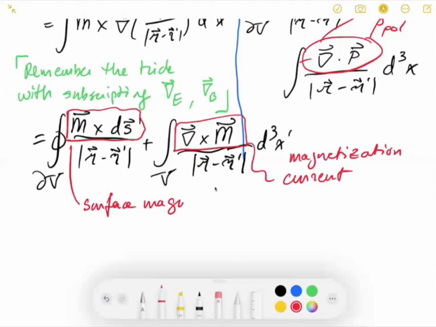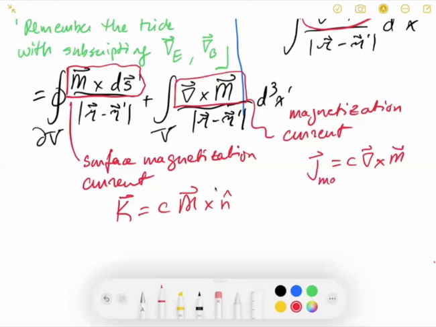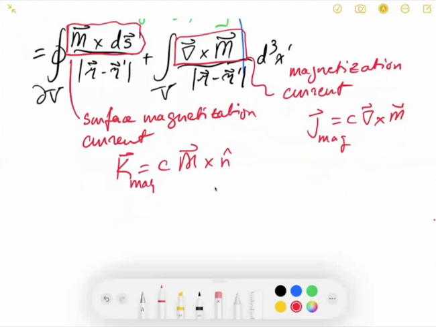Okay, so that's the way that we can quantify them, and the surface magnetization current we call K, which is evaluated at the surface, and this one is for the bulk, and that's J. It's the curl of M. Now this is J mag, and this is K mag.